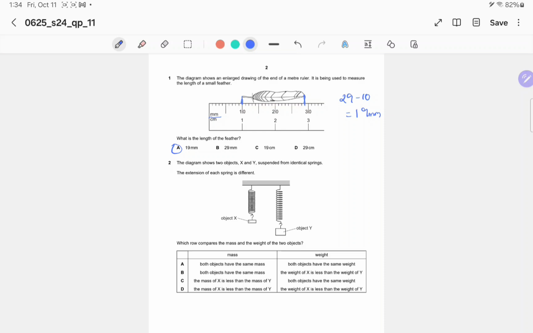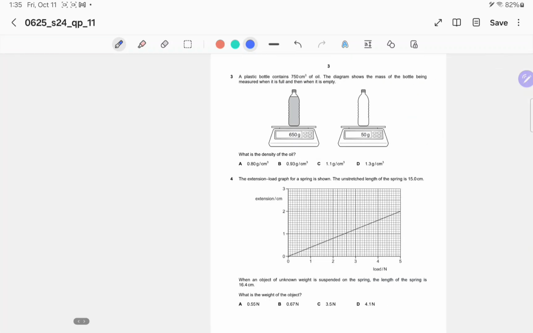Therefore, weight is a gravity thing we are taking into account, that is different. So from this condition, mass is less for x compared to y. So this is two conditions, C and D will come, but both the objects have the same weight? No, weight of x is less compared to the weight of y. So it's D. Next question.